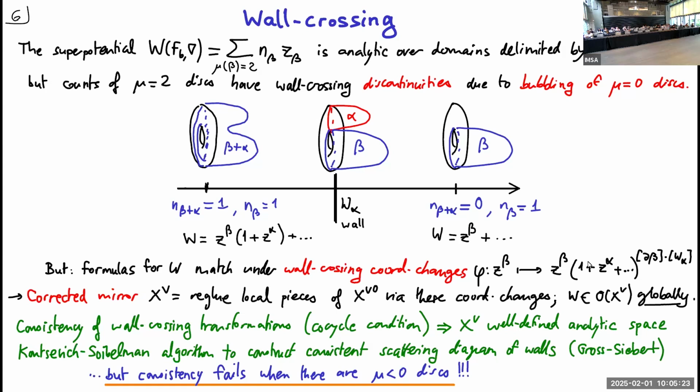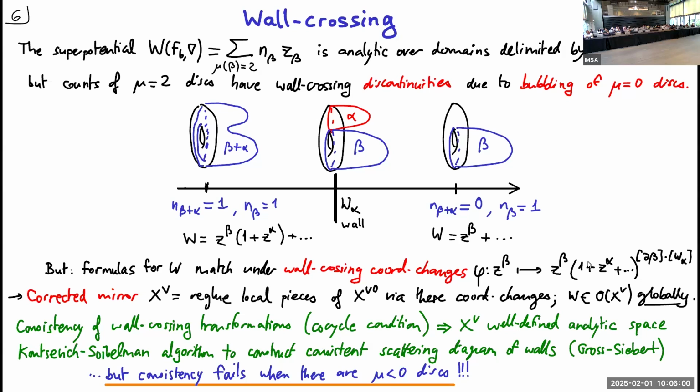And so these are wall crossing coordinate changes, where basically the coordinate that gives the weight of that disk, z^β, gets multiplied by some function involving the variable z^α, the weight of the exceptional disk, that you can think of as some generating series for Maslov index 0 disks at the wall, except you have to worry about also multiple covers of them and disjoint unions of multiple covers, and somehow this all goes into this transformation.